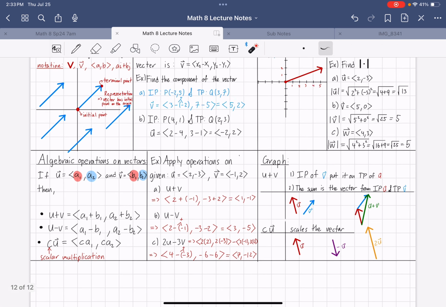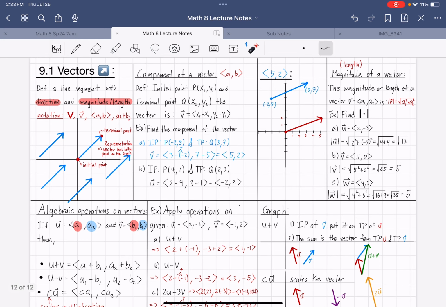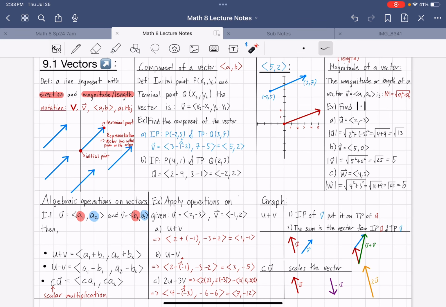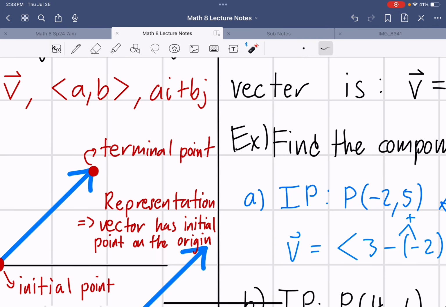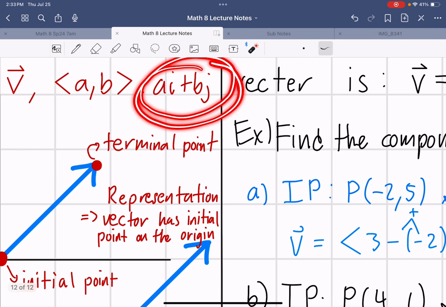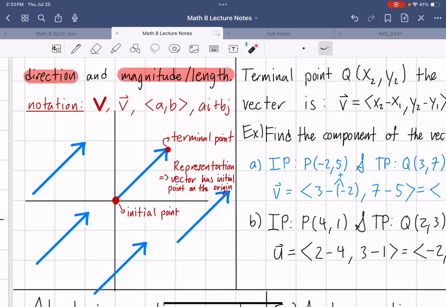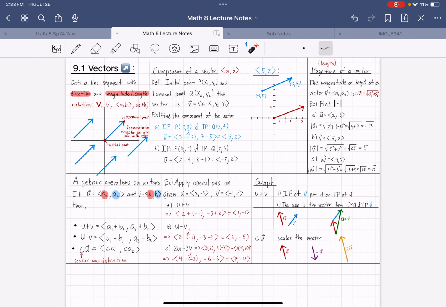Now, so as to not make this video really long, I am going to end it here. And the next portion of this will talk about this notation of the vector, this i and j, and writing it in slightly different notations.